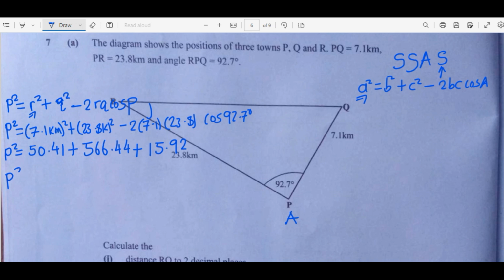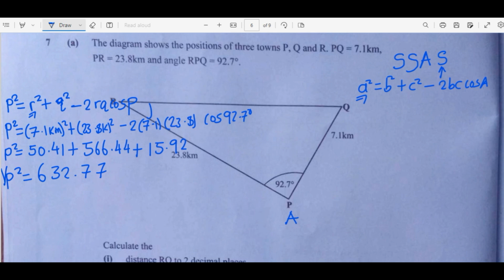Okay, now we can add, so say 50.41 plus 566.44 plus 15.92. So I'm getting 632.77.